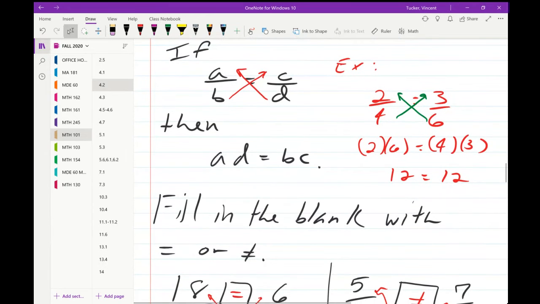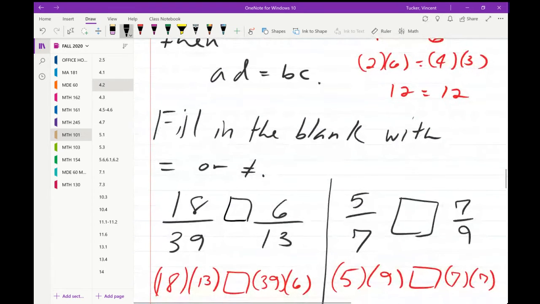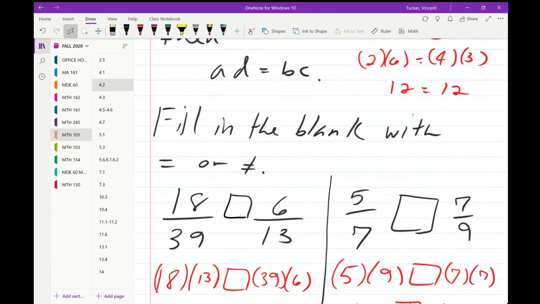All right. Let me erase some of this stuff so we can walk through it. So he wants to fill in the blank with equal or not equal. The first one is 18 over 39 and 6 over 13, and we want to compare to see if they're equal or not.